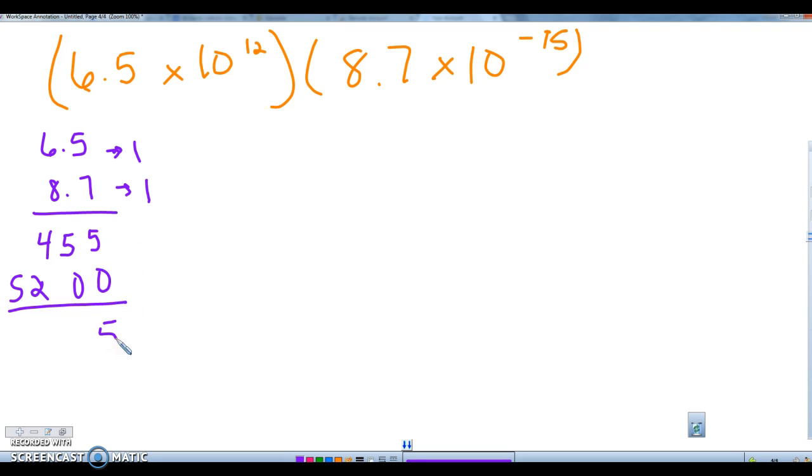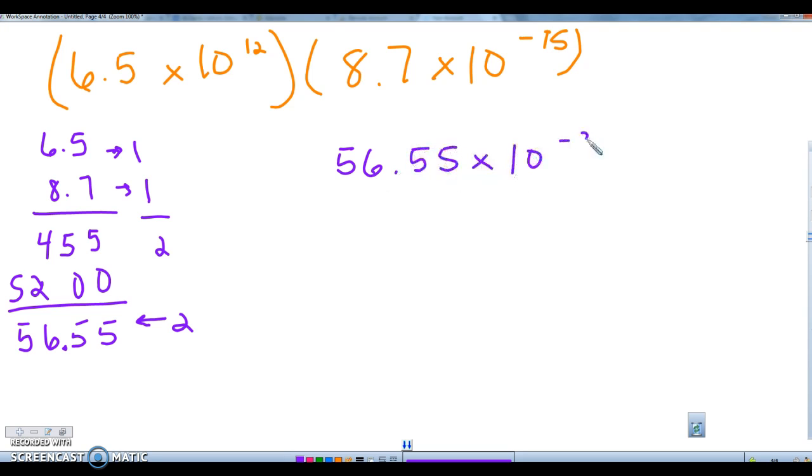I add down 5, 5, 6, 5. And because I moved it out 2 places, now I must move it in 2 places. So I have 56.55. Then I add my exponents. 12 and negative 15 would give me a negative 3. So I have 56.55 times 10 to the negative third.